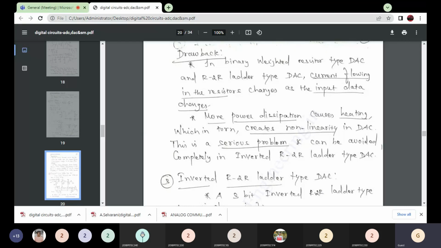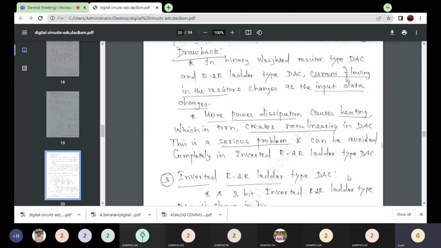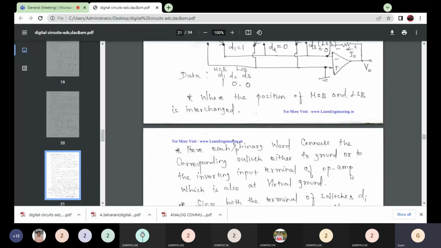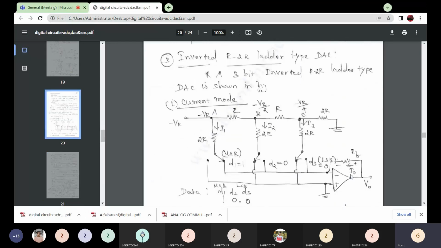So we go for the last type, the inverted R-2R ladder type digital to analog converter. In the inverted R-2R ladder we have current mode and voltage mode. In current mode, the current flowing through the resistances does not depend on the switch position, that is, the binary word being 1 or 0, since the switches are connected to ground, which is also a virtual ground.